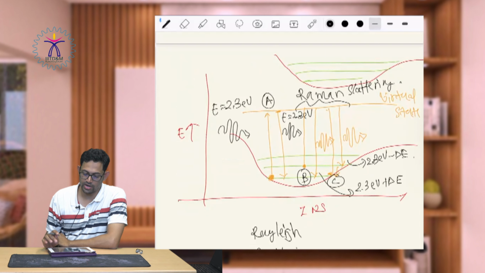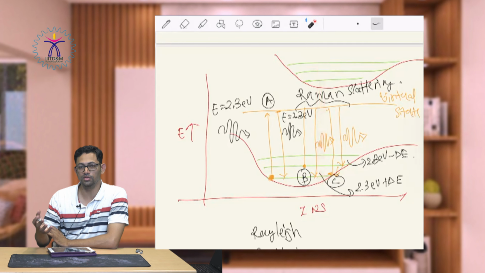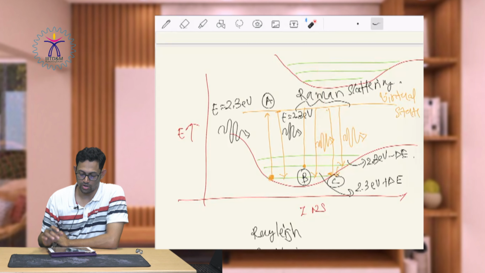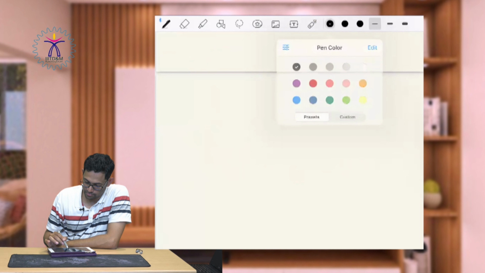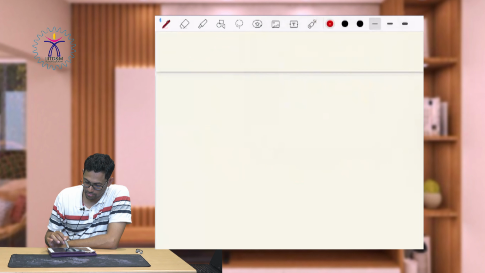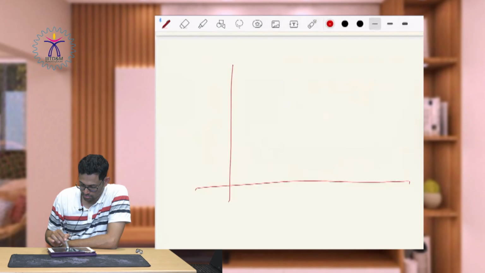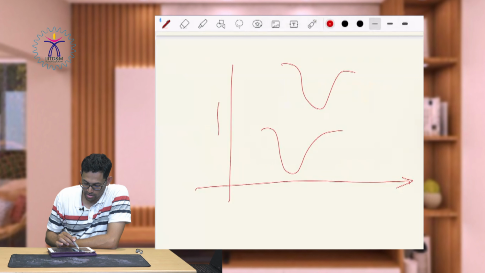Now let us try to understand if it has sufficient energy that it can jump from the ground vibrational energy level to an electronic state of another, an excited electronic state, right. So let us again draw this energy band diagram. Okay, something like this. So here again you have energy, internuclear spacing.